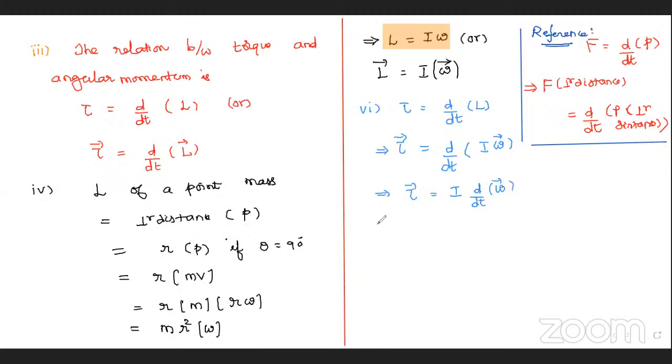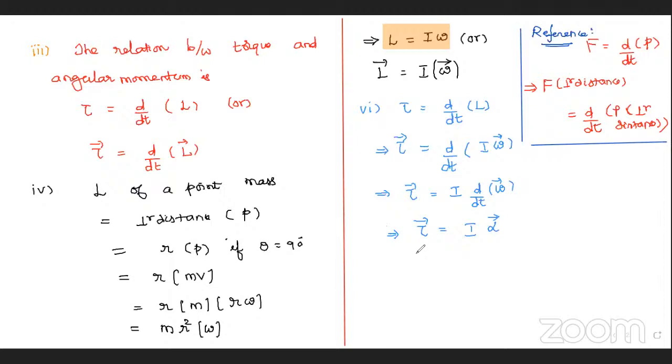Anyone remember? Yes, alpha. Good. Tau bar equals I into d omega bar by dt, which is alpha. Correct: I alpha bar.